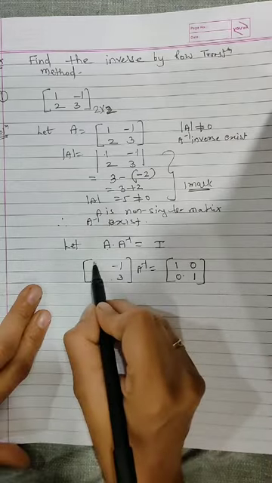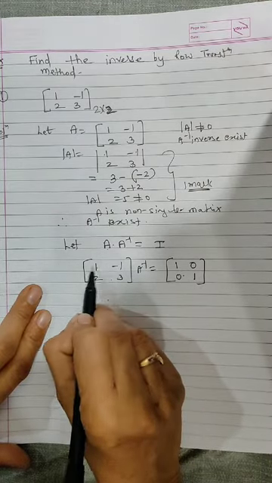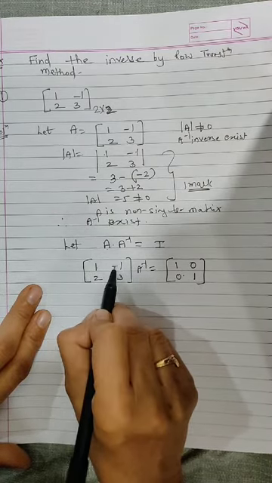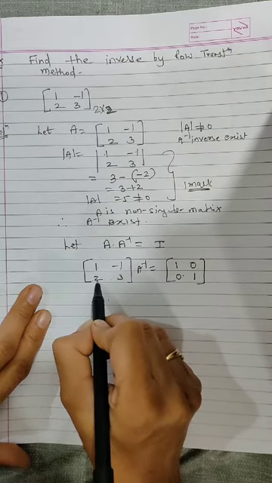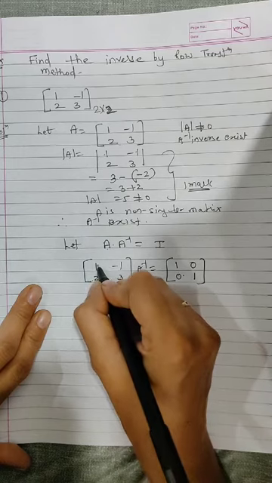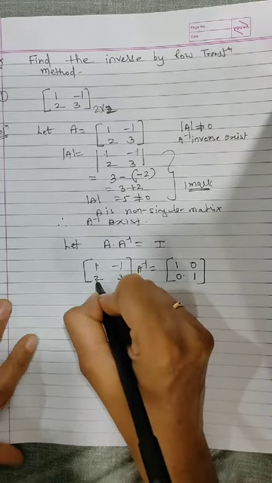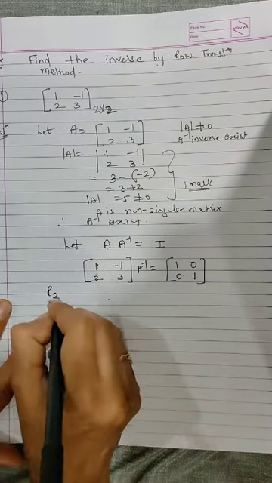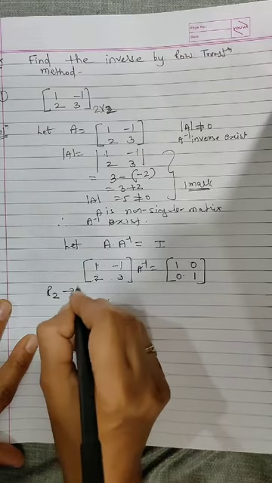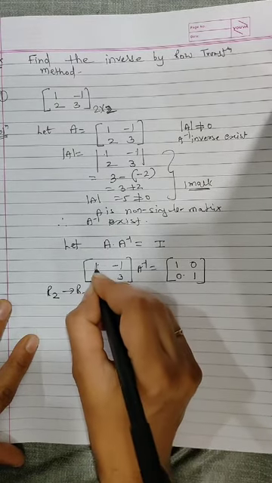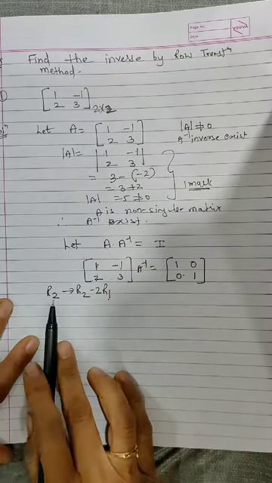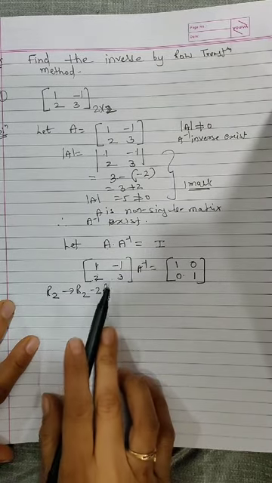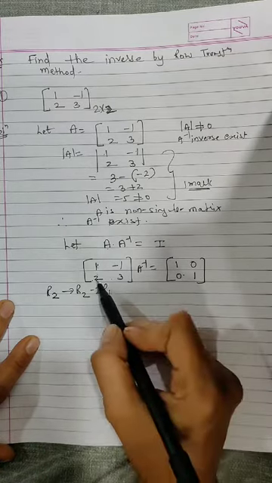Now the first element is 1, so there is no change in the first row. Now in the second row, we want 2 to become 0. We know that 2 minus 2 is 0, so there is a change in R2. R2 changes to R2 minus 2 R1. I will explain again, students.